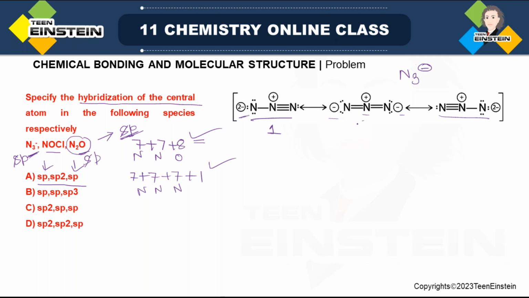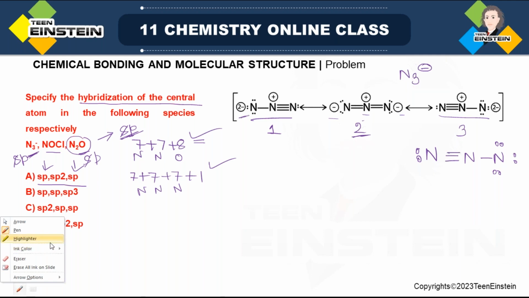Suppose this is structure number 1, this is 2, this is 3. 1 and 3 are equivalent. Now though this is the most stable structure, if you want to understand why the coordinate bond is there, how it is present, then I will enlarge the structure. So this is 3 or 1, any of these 2 are equivalent.